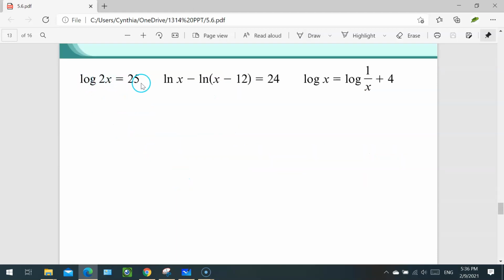Log 2x equals 25. We need to solve for x. Since there's no base here, that means it's 10, so I raise up 10 to both sides, and then this 10 will cross out with the log. Now you have 2x equals 10 to the power 25, and then you solve for x, divide by 2 on both sides, and after that you input the value into your calculator.